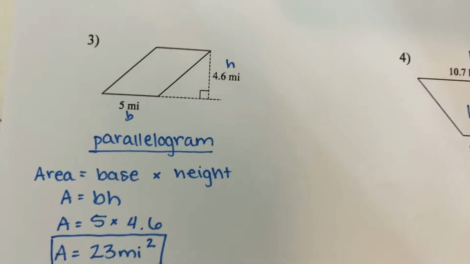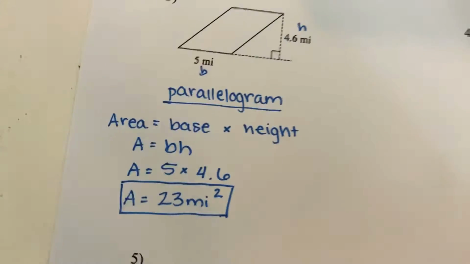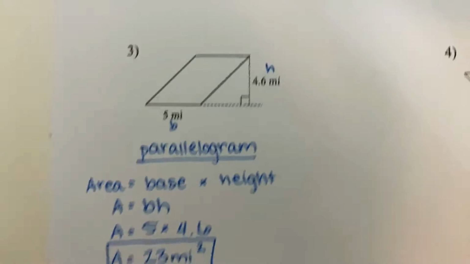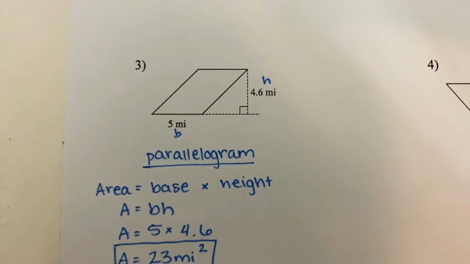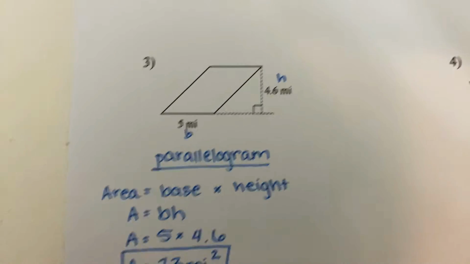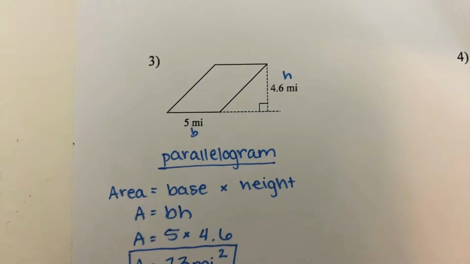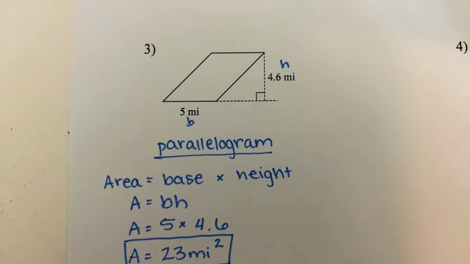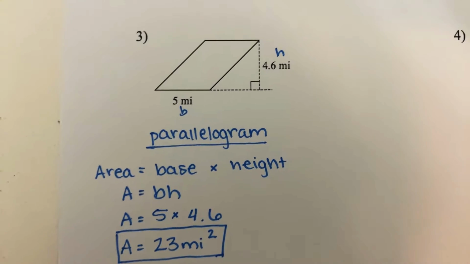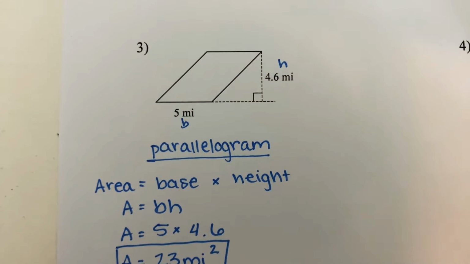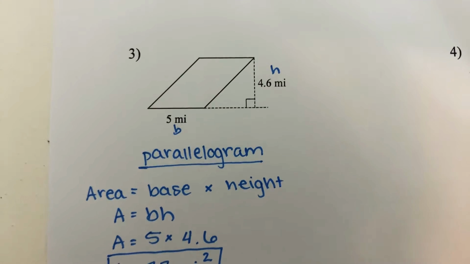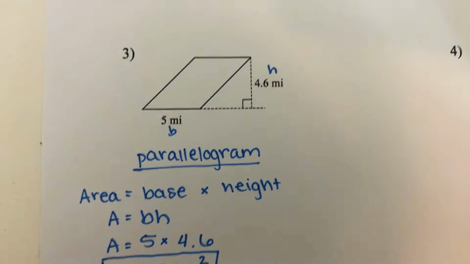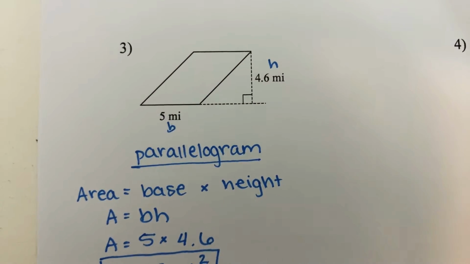And an important part of this is that the height of any shape is going to be the vertical distance from the base to the opposite side, right? Straight up and down. And it has to be perpendicular.